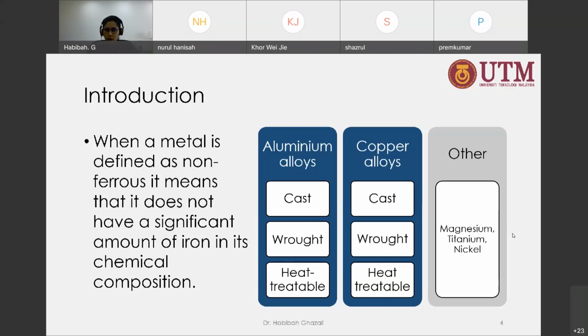Next week, we're going to look into the other types of non-ferrous metals, such as magnesium, titanium, and nickel. Not that they're not important, they are just as important. A lot of other engineering applications use these materials. But today, we're just going to focus on these two types of alloy, aluminum and copper alloy.